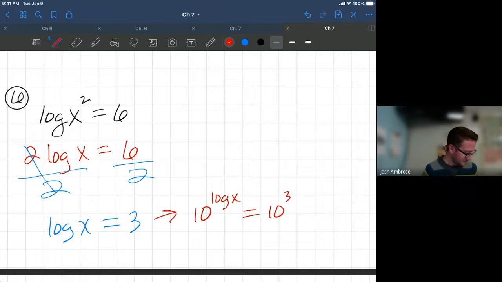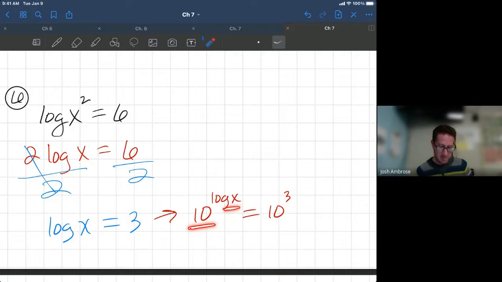Okay. And then we can simplify it a little bit further because of the, let's see, the property, the inverse property. That's right. The inverse property, we have a 10 here. We have a 10 here. That's going to allow this and this to cross out, leaving just the x.